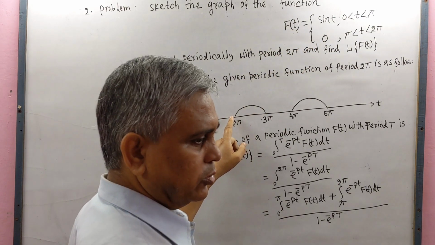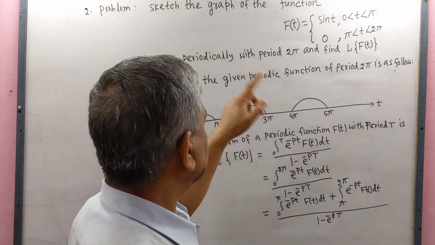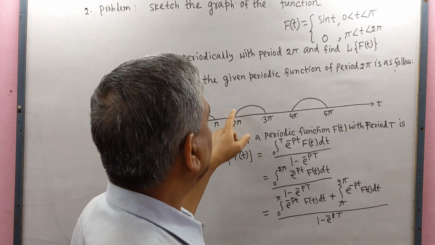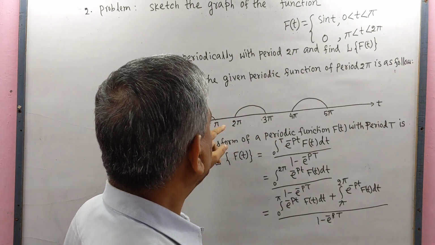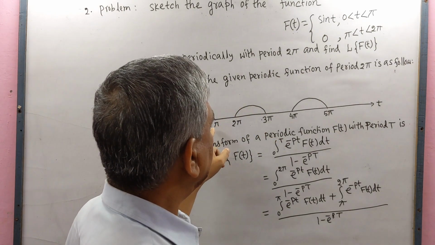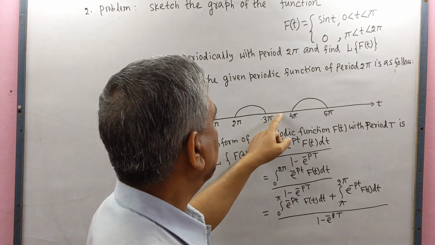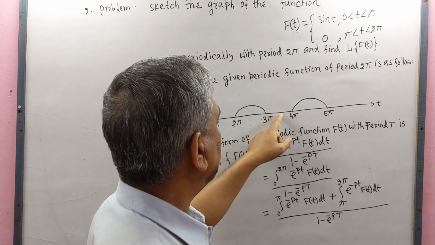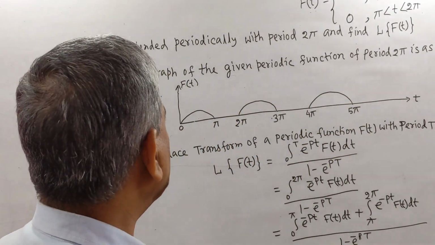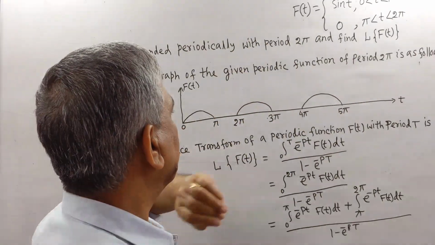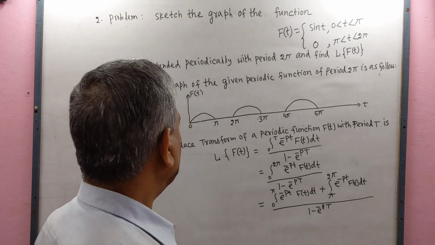Here 0. Again it starts from 2 pi to 3 pi, we get a similar type of result as 0 to pi, and then the function value 0, then again we repeat this. This is the graph of the given function, which has period 2 pi.